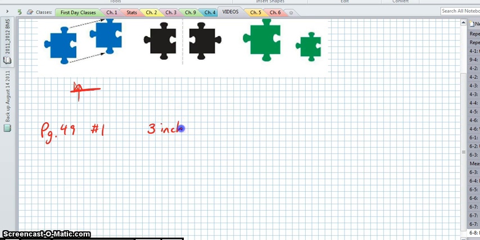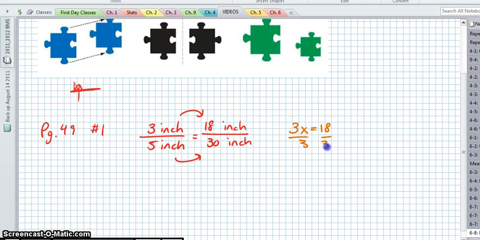We want to change a 3-inch by 5-inch photo into an 18-inch by 30-inch photo. So the idea here is, how do we get from 3 to 18 or from 5 to 30? This one is pretty straightforward. You could set up an equation though to figure it out. 3 times x equals 18. Solve for x. Of course, we can see that x equals 6.